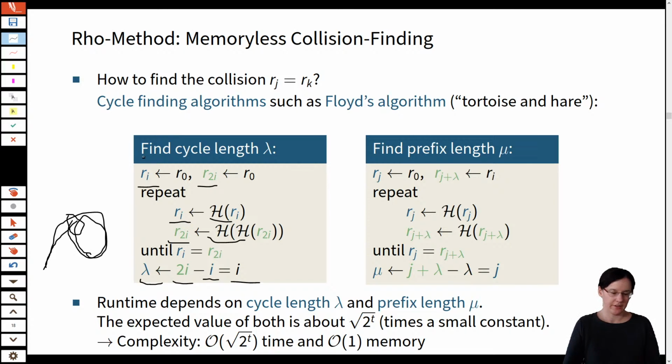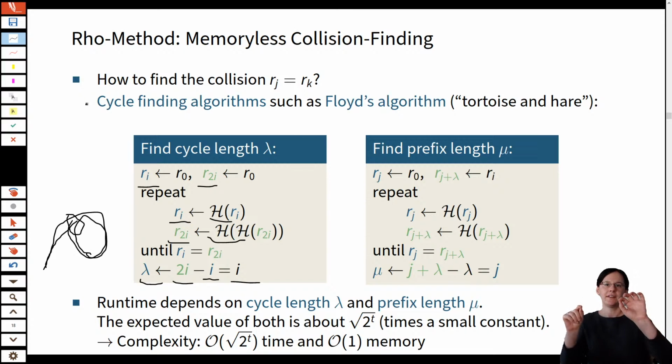And now I still need to find out the prefix. But this is actually quite simple, because now I can simply start with 2 walkers of the same speed. I give the one a head start of 1 cycle length, and then I let them walk.